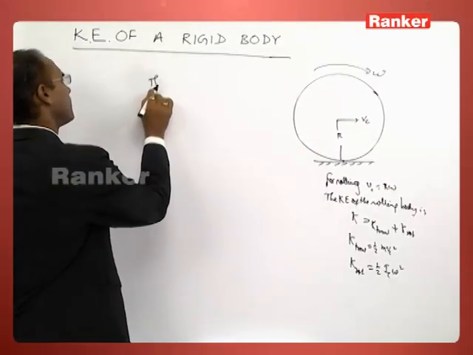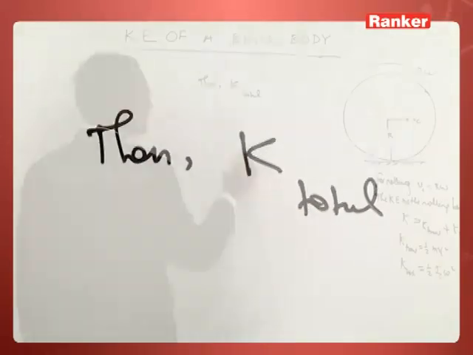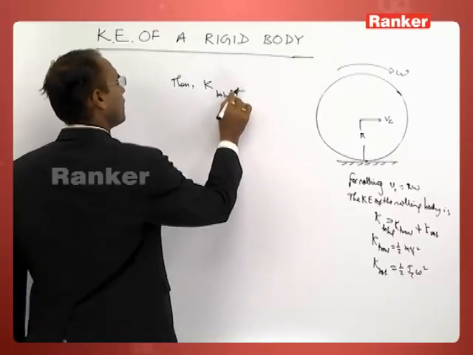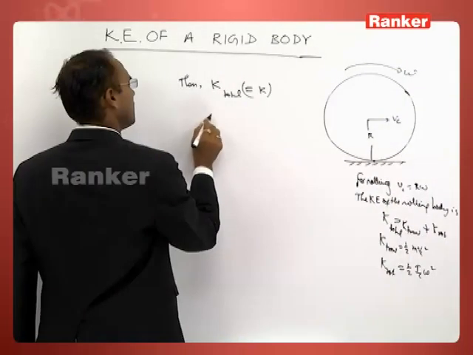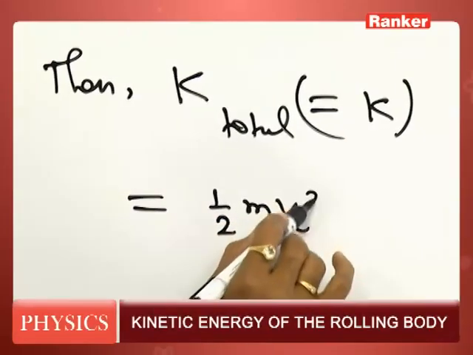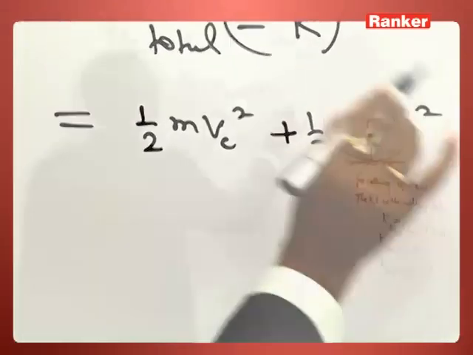Then the total kinetic energy is equal to half m Vc square plus half Ic into omega square.